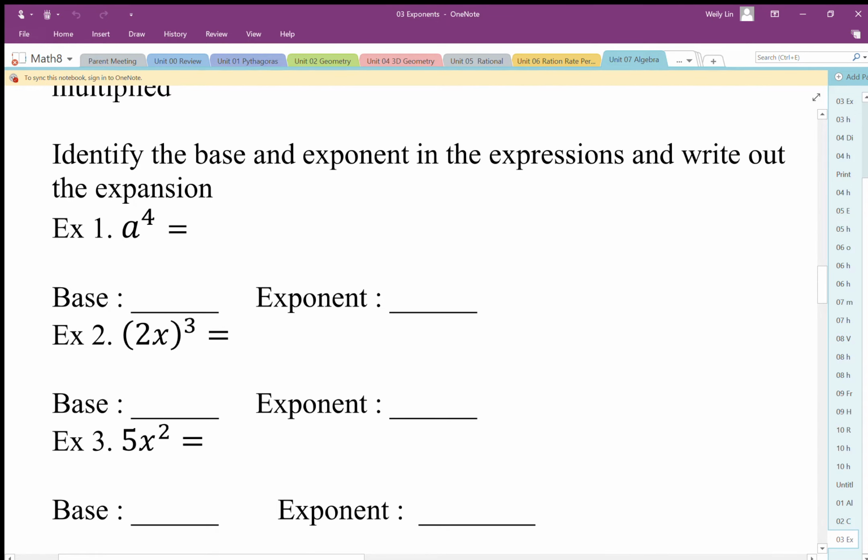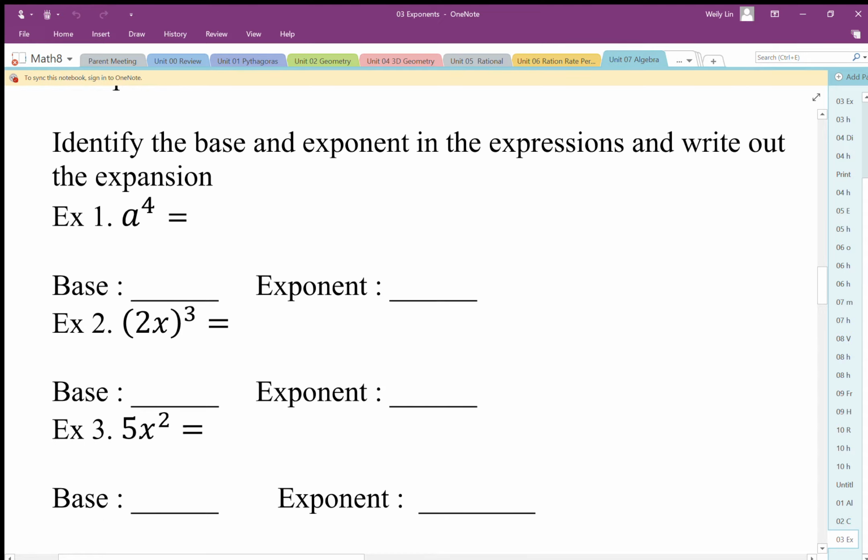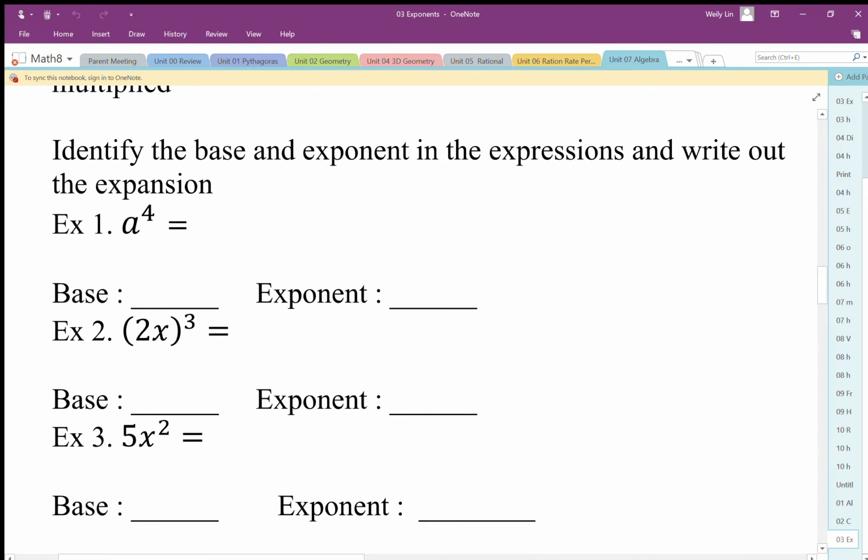So to get familiar with these exponential expressions, we need to make sure we understand how they work. Now we can rewrite exponents with repeated multiplication, and then we can do all our multiplication math on this. So we have a to the power 4. Well, a to the power 4 means that we have a as a multiplier 4 times, and we can rewrite it as multiplication.